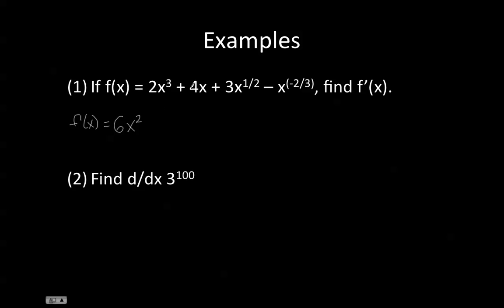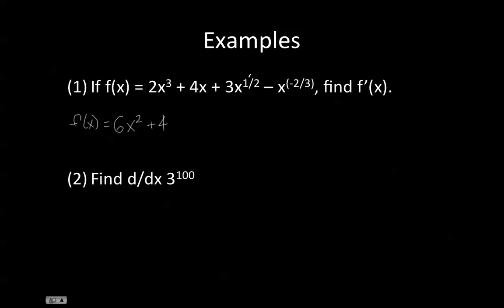And then the derivative of a constant times a function is equal to the constant times the derivative of the function, which in this case would just be 4 times 1, which is equal to 4. And then we have a similar situation over here.